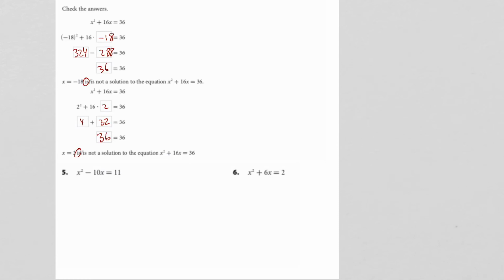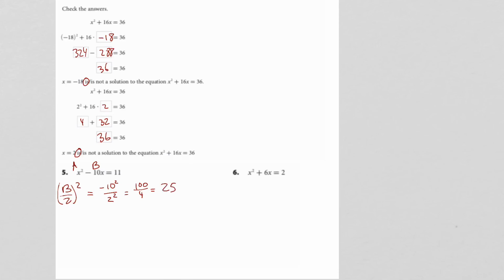So now let's try two examples. This is A, that's B. To complete the square, I've got to take B, divide it by 2, and square it. So you're going to get negative 10 squared divided by 2 squared, and that's going to be 100 over 4, which is 25.